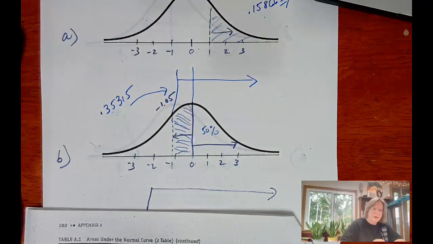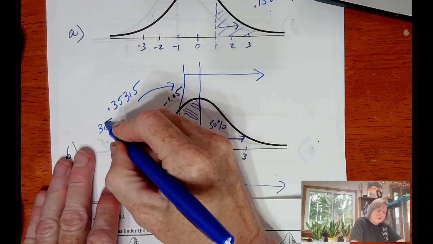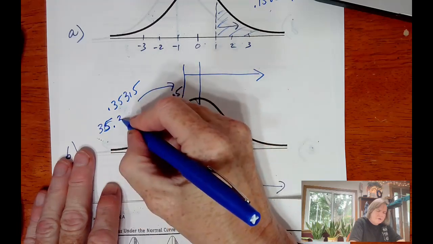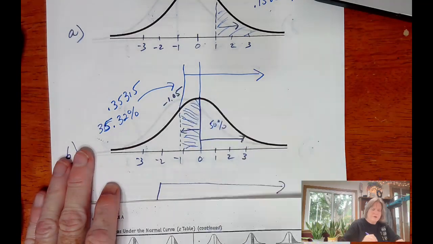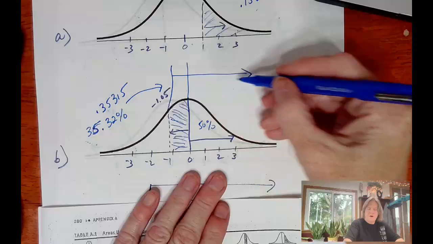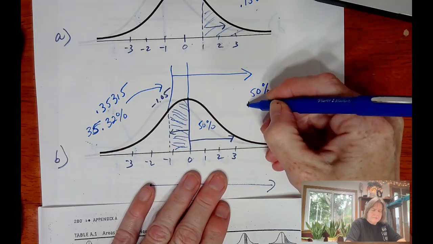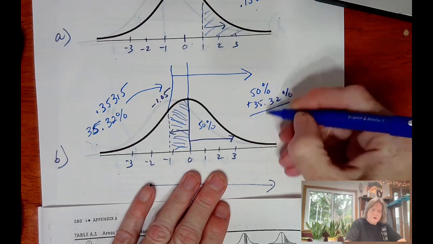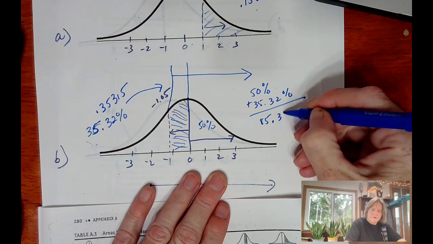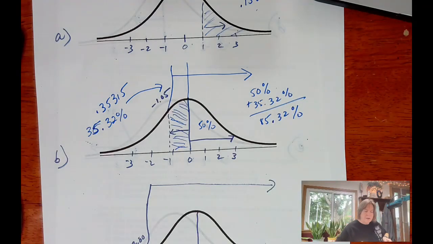That percentage is then 35.32%. But remember, we asked for everything, so it's 50% plus 35.32%. You've got 85.32%. That's the correct answer for B.